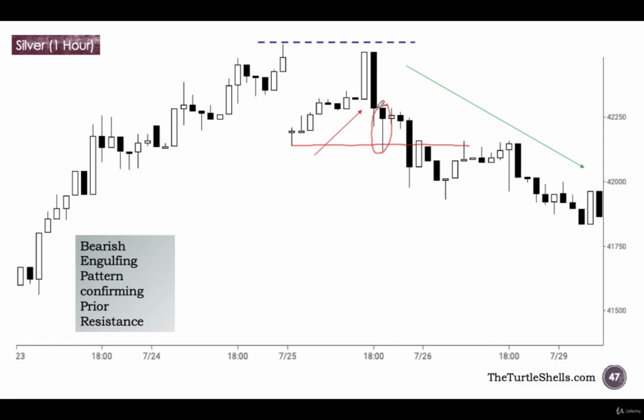I hope you remember the difference between the normal and the classic hammer. So the hammer failed to close below the support, so that support held, but it couldn't sustain because the bearish engulfing pattern was so powerful that the price kept on going down. Okay? So a bearish engulfing pattern confirming prior resistance becomes a very strong bearish signal. Okay? That's a conservative trade.